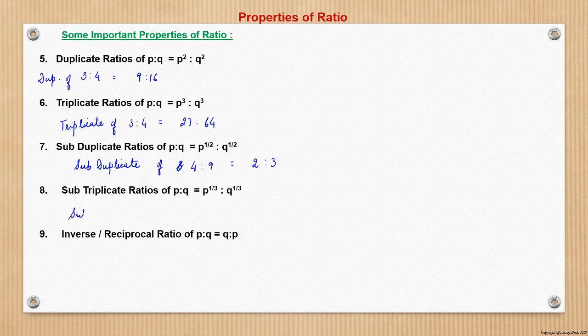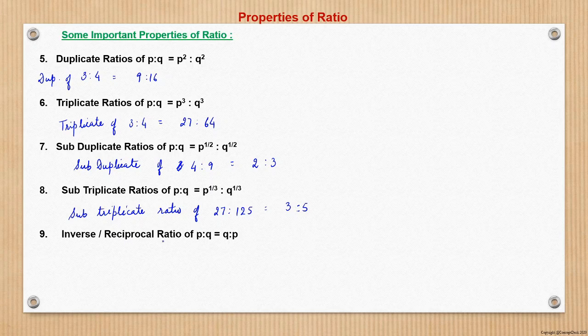Similarly, the subtriplicate ratio of, say, 27 is to 125 will be nothing but the cube root of 27, which is 3, and then the cube root of 125, which is 5. So 3 is to 5. So this is another term.